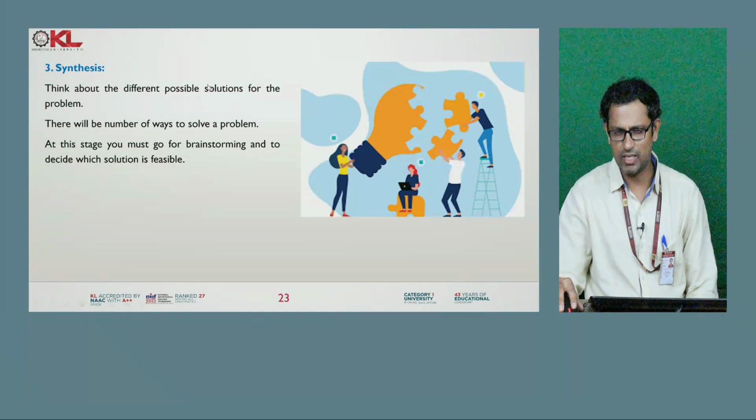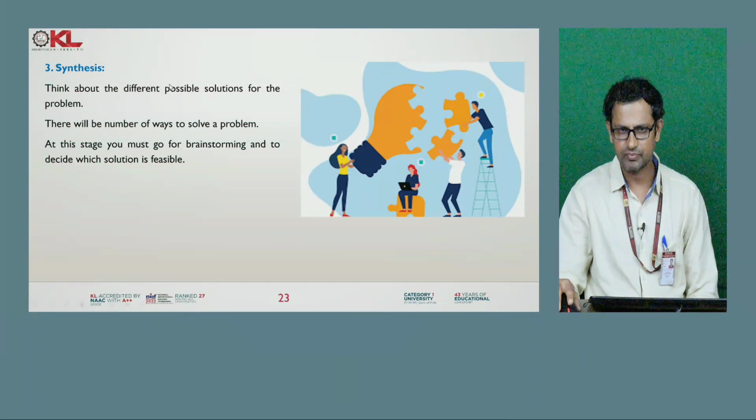If you are designing a solution to meet only one of the criteria, that cannot be called a design for that problem. So while doing the synthesis, you have to consider all the design requirements, all the needs of the customer. That should be done in the third step, the synthesis step.